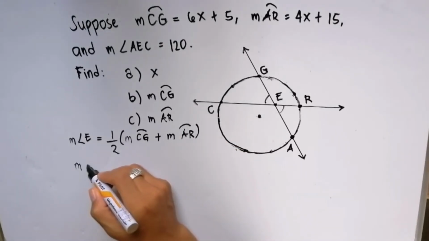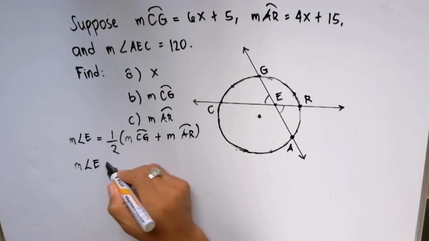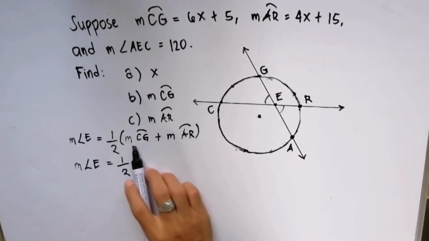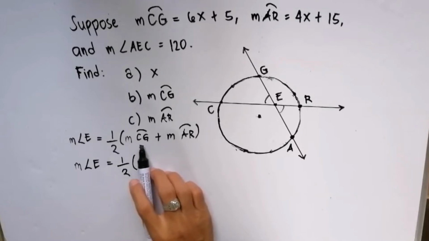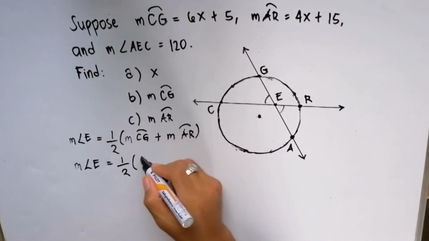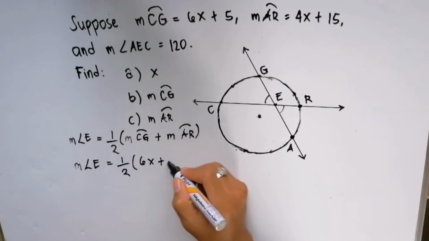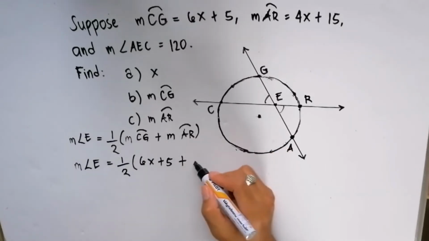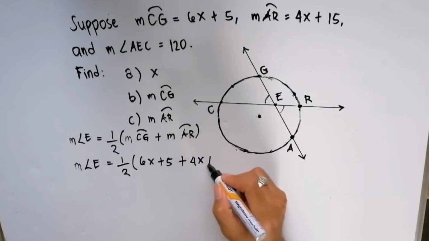So the measure of angle E is equal to 1/2 times the measure of arc CG, which is 6x plus 5, plus the measure of arc ER, 4x plus 15.